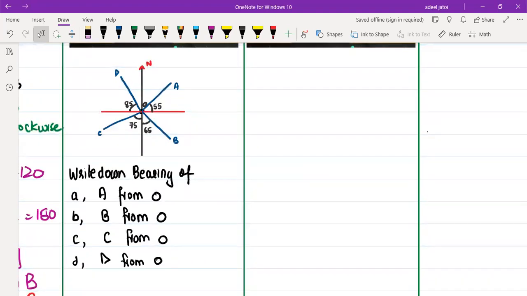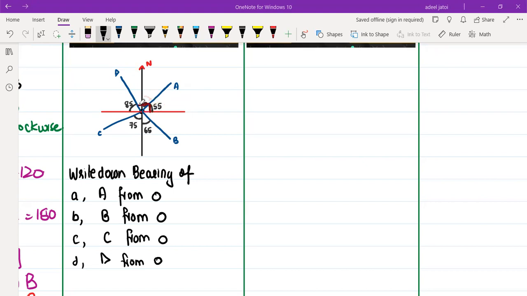Now we have been given, write down the bearing of A from O. O is the center point. A from O, B from O, C from O, D from O. So considering that A from O means we need to go clockwise from the north of O. And the north of O is this, and we need this angle only, from the north to the line of A. So we already know this is 55 and we need this.